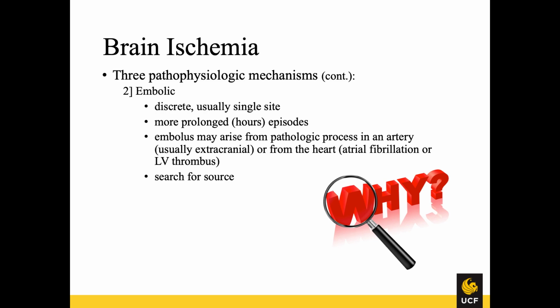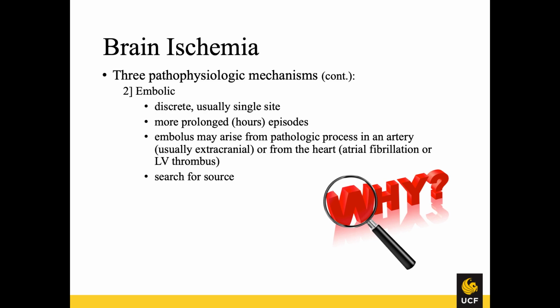The embolus may arise from a pathologic process in an artery, so that usually is extracranial. So it could be, like I mentioned before, the heart, so AFib or a left ventricle thrombus. And you want to search for the source. Why has the patient developed an embolism? What is the cause here?